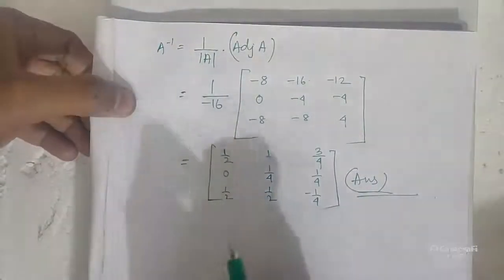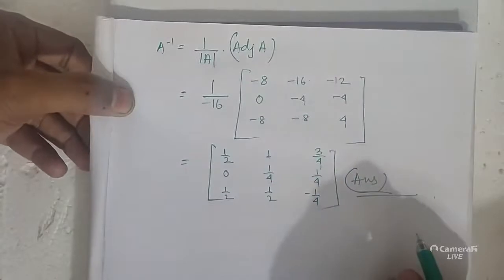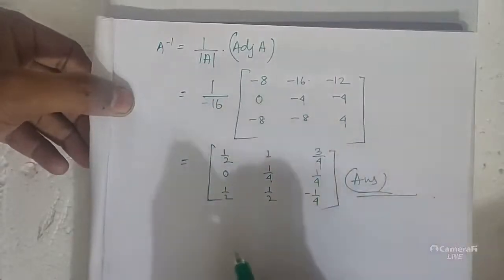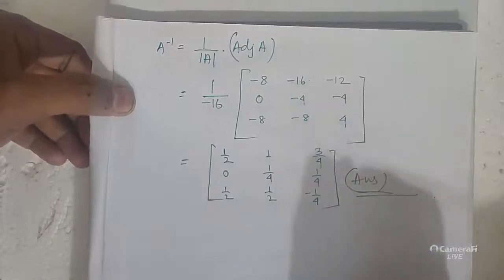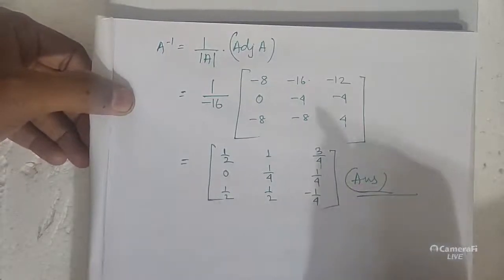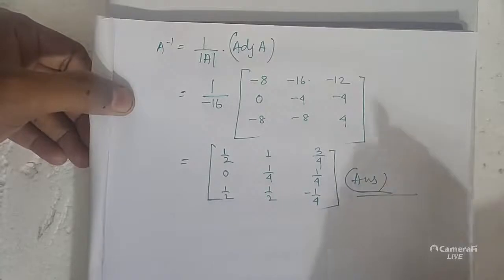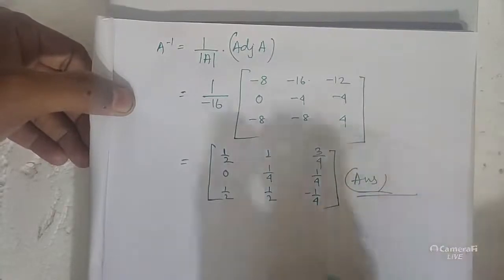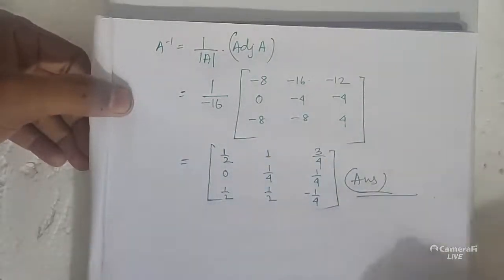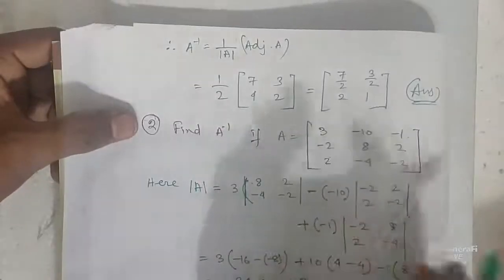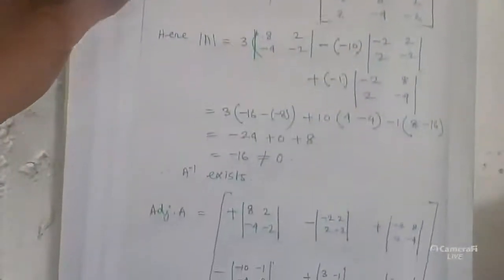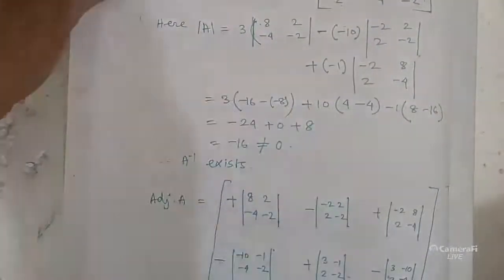Now if it is mentioned in the question that find the inverse of a matrix by elementary row operation, then you have to follow that method only. But if nothing is mentioned in the question, like find A inverse if A equals to this, then you can find the inverse by this adjoint method.